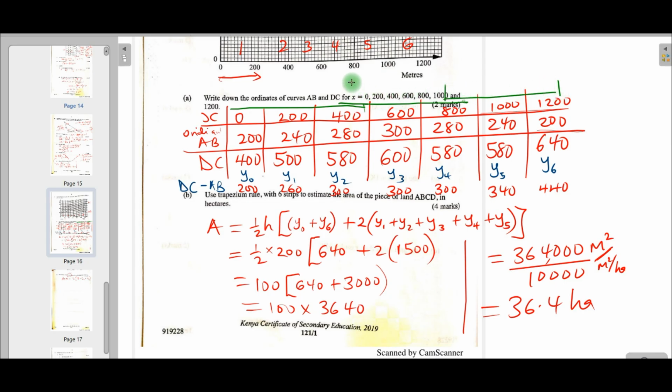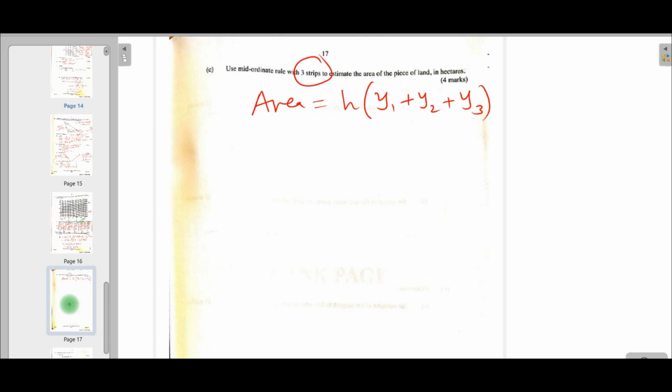So here we have the first, then the second, then the third. So between the width of 0 to 400, therefore h is 400 meters. Then we need y1, y2, and y3.